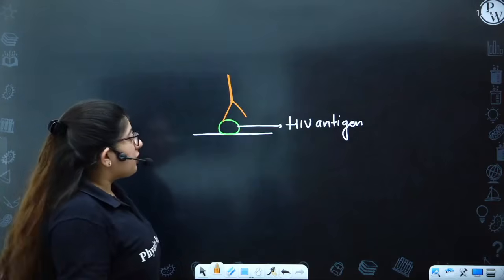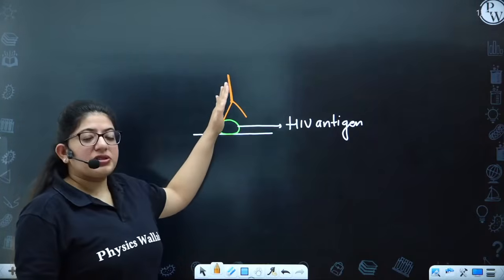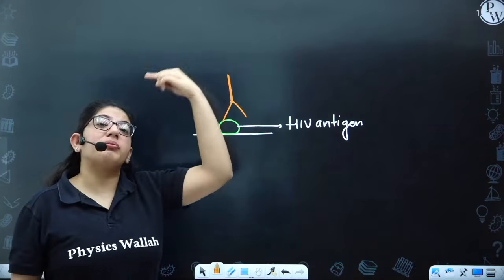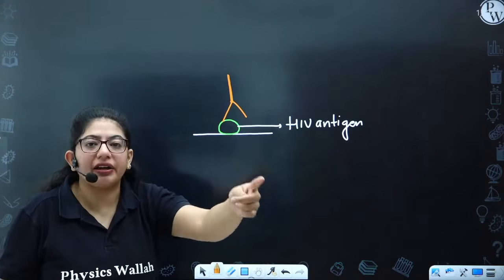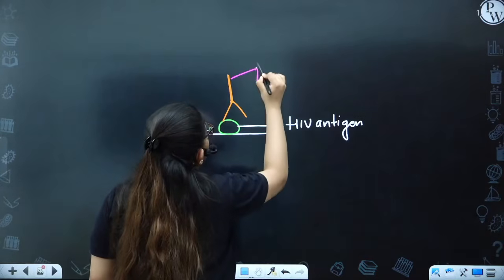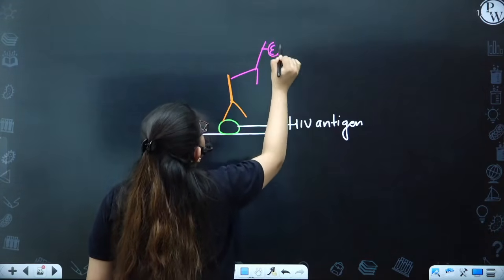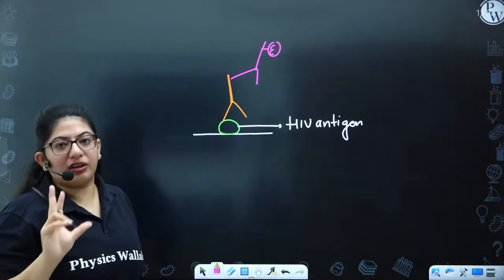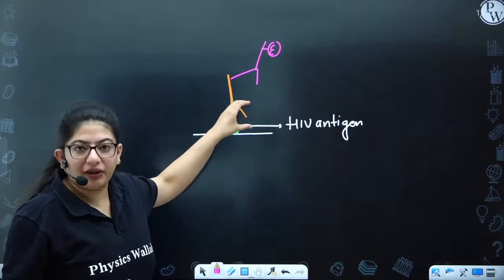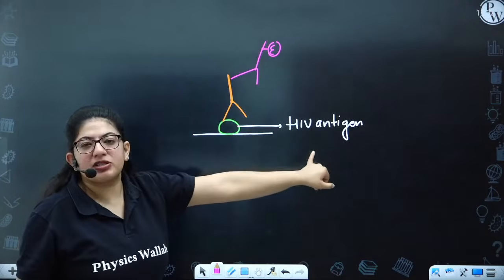Now I know if a person is positive, the antibody will be of this kind, and now I have made an antibody against the antibody, and I added an enzyme to it. So this is the one I have made artificially. This is the one which came from the patient's blood, and this one was already present on my plate.